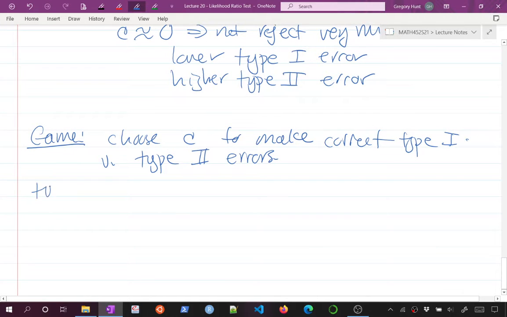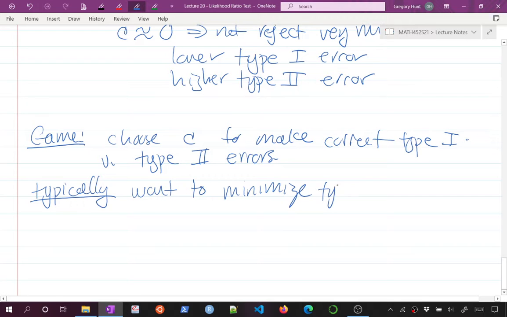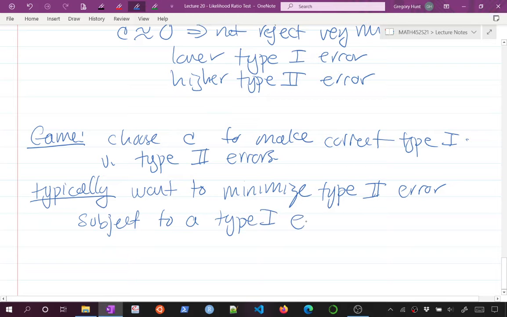Typically, what we want to do is minimize a type 2 error subject to a type 1 constraint.